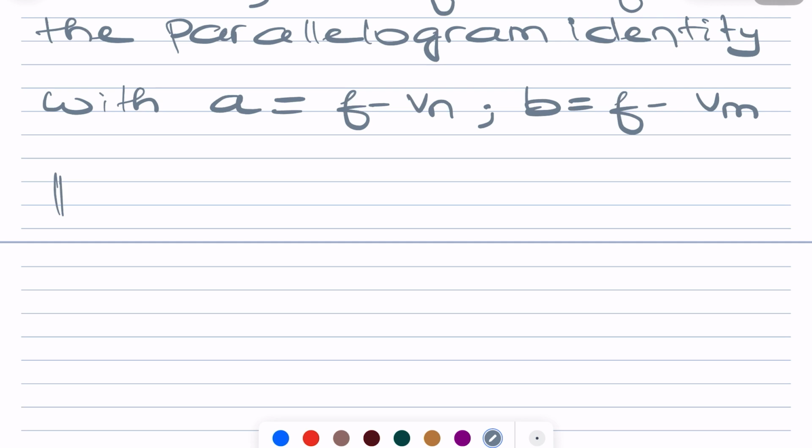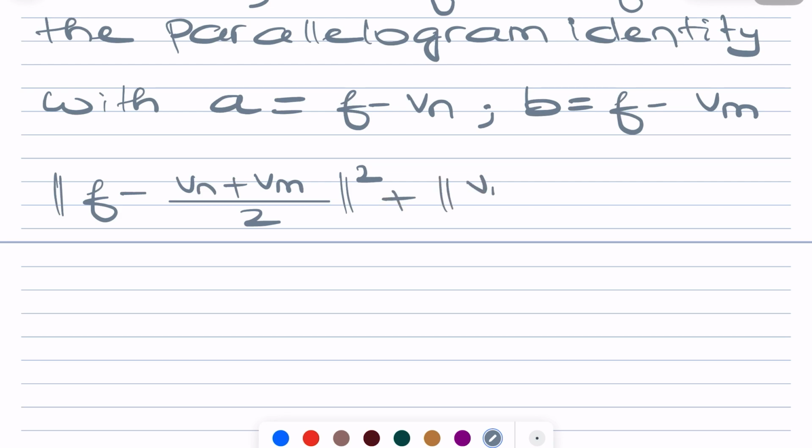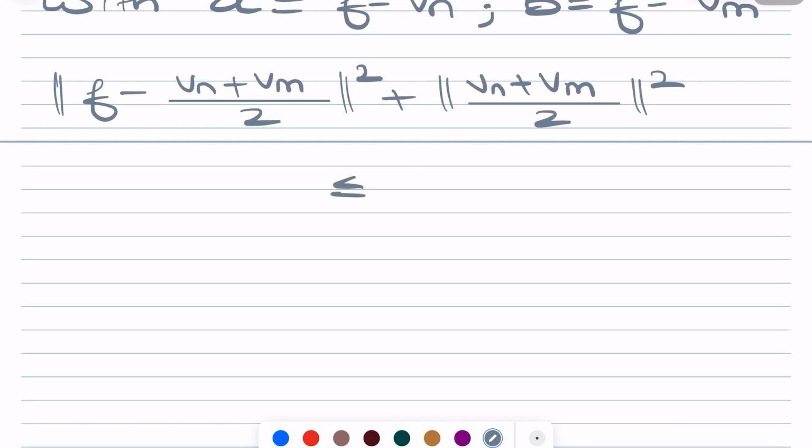You get the norm of f minus (v_n plus v_m) over 2, squared, plus the norm of (v_n minus v_m) over 2, squared, is less or equal to 1 over 2 times d_n squared plus d_m squared.